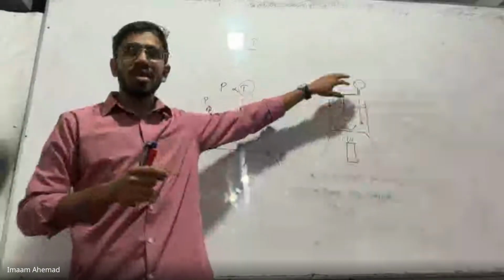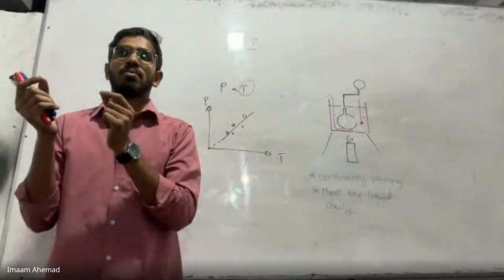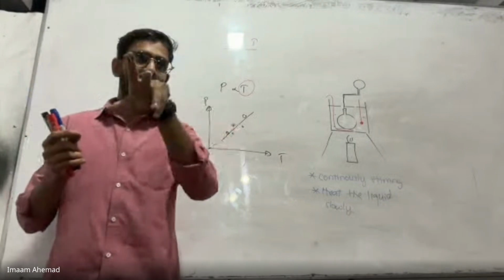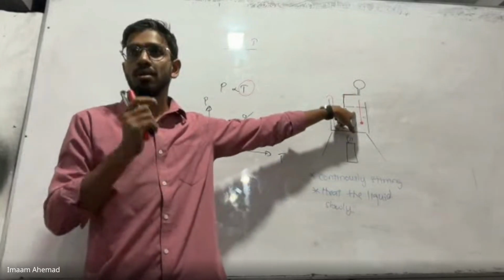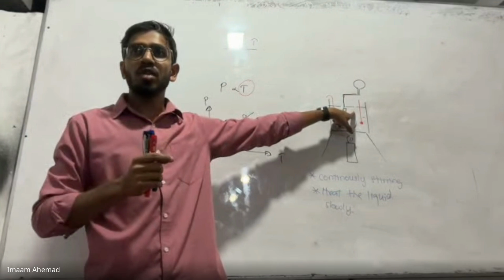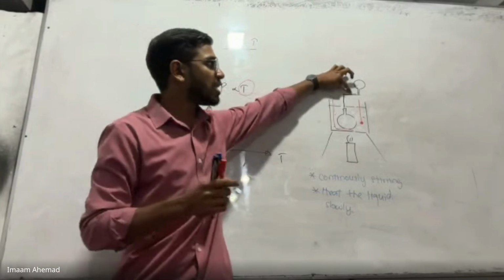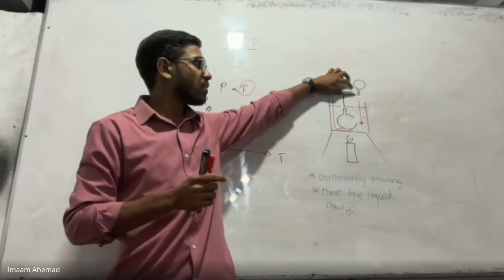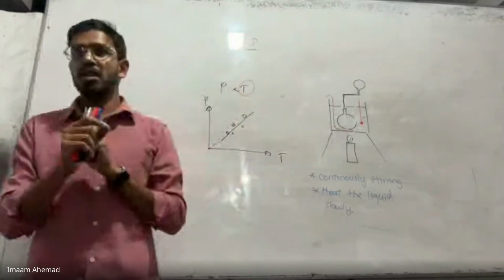Okay, we should use a small capillary tube. Why is that? To minimize the air that is not in contact with the water. Because this air will be at a different temperature, so we want to minimize it. To minimize that, we are using a small capillary tube.